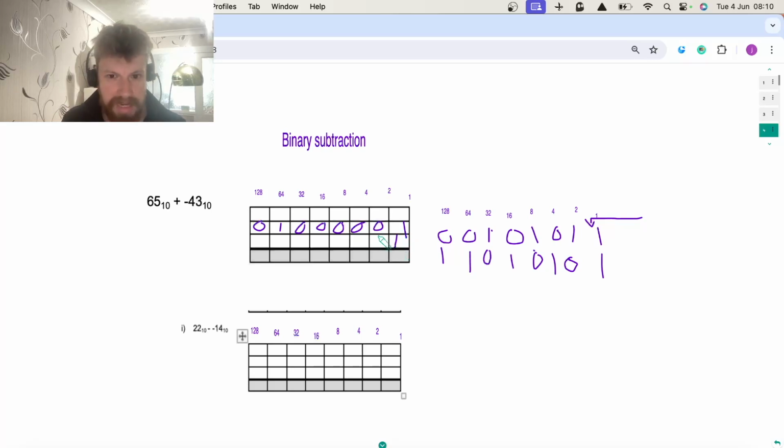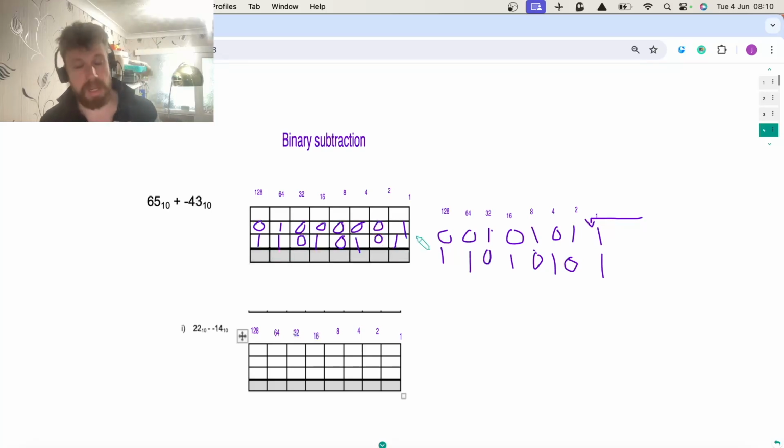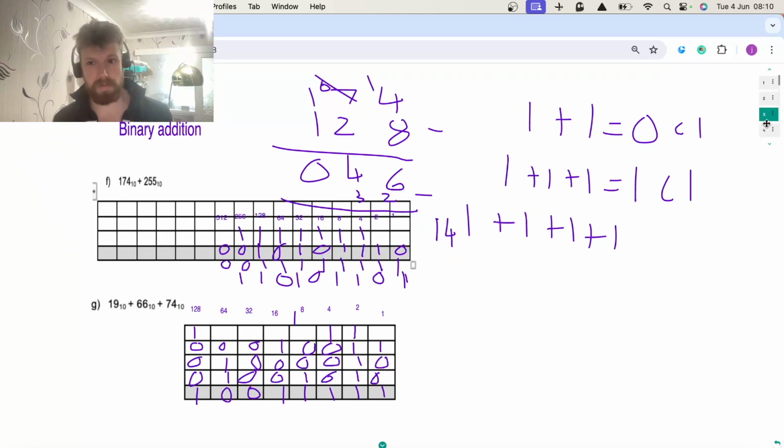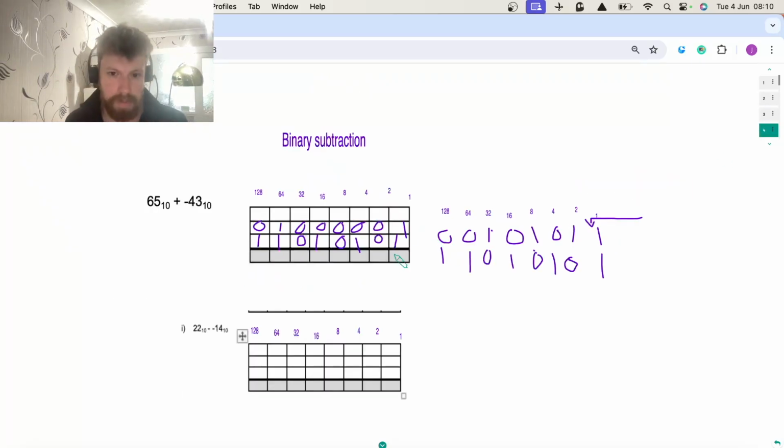So that's going to be negative 43. 1, 0, 1, 1. Okay, and then we just use the same rules that we did on this page for this one. So then we do 1 plus 1 equals 0, carry the 1. 1, 1, 0, 1, 0, 1, 1, 0, carry the 1, 0, carry the 1.